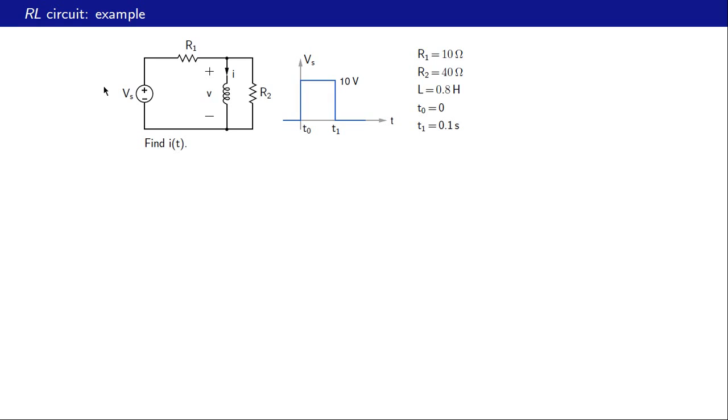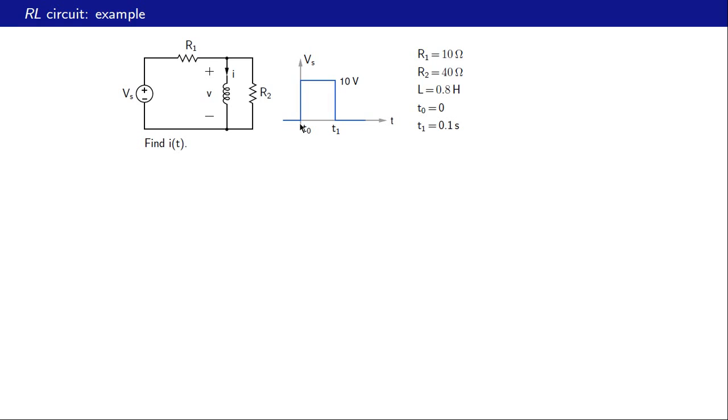Let us now apply the ideas that we have just learned in the last slide to this particular example. We have an RL circuit here with two resistors, R1 and R2, and a single inductor. R1 is 10 ohms, R2 is 40 ohms, and the inductance is 0.8 Henry. The input voltage is a pulse given by this graph here. t0 is 0 and t1 is 0.1 second.